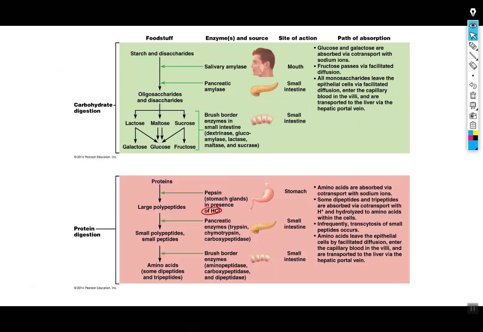So I'm not going to read these to you because you can read them yourself, but you are responsible for knowing, for example, that salivary amylase is going to turn starch into oligosaccharides and disaccharides. So be able to associate enzymes of various kinds with their locations, so salivary glands, pancreas, and then know the step-by-step dismantling of each polymer.